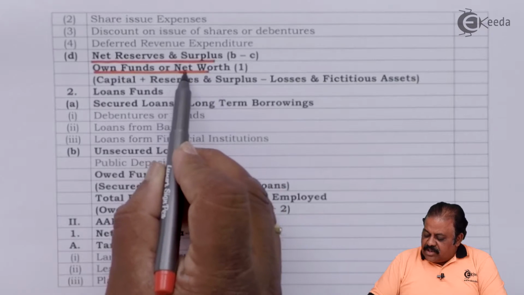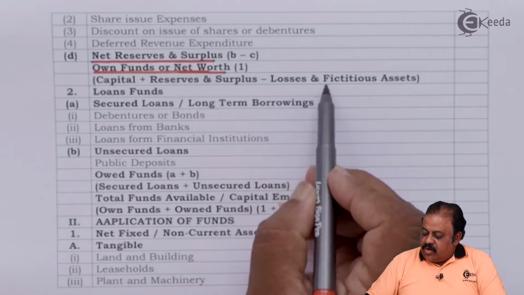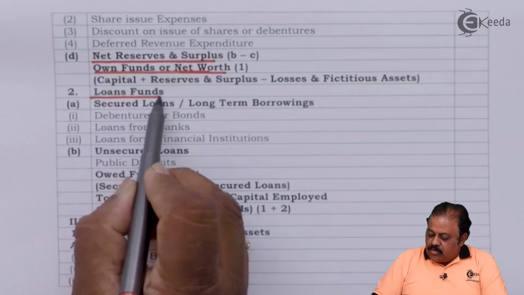So own funds, which is also called net worth, is capital plus reserves and surplus minus losses and fictitious assets.